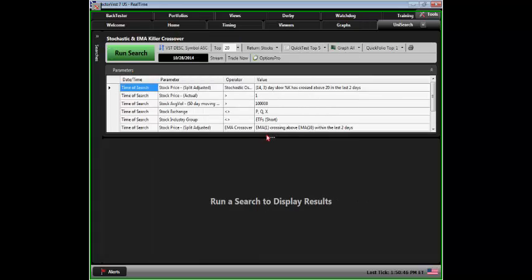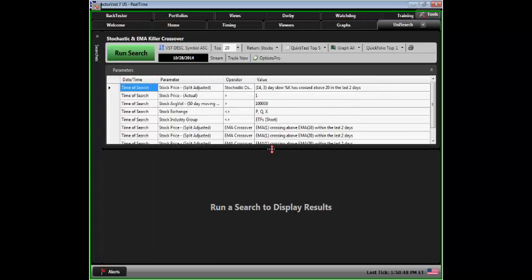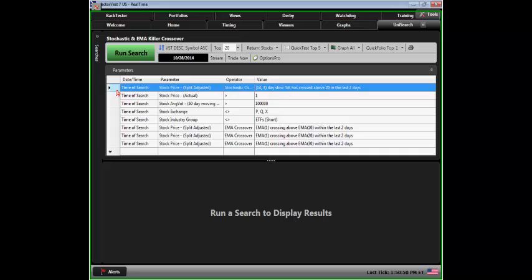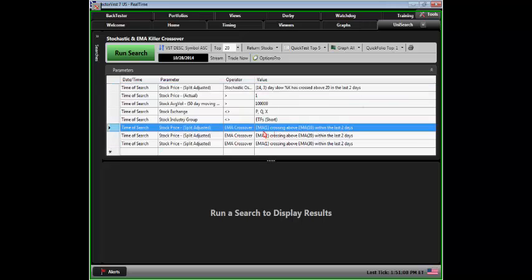I'm just going to shrink this left side, pull this down a little bit so you can see everything. This top line is looking for the stochastics to have crossed above 20 anytime in the past 2 days. So it could have happened today or yesterday. The other thing this search is doing is for those of you who liked EMA, RB says define EMA.